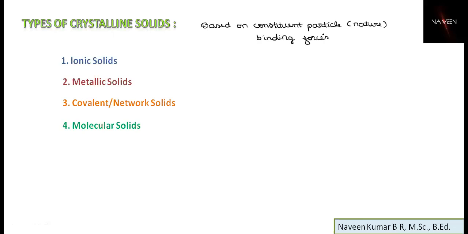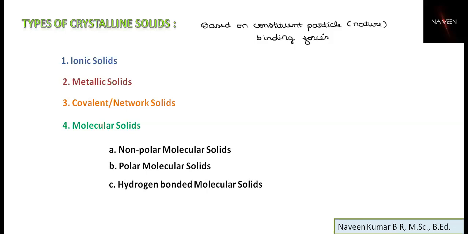Again, molecular solids may be non-polar molecular solids, polar molecular solids, or hydrogen bonded molecular solids. This concept is very important in understanding solids in detail, because the majority of the solids we are going to learn will fall under crystalline solids of one of these types: ionic, metallic, covalent or molecular solids.